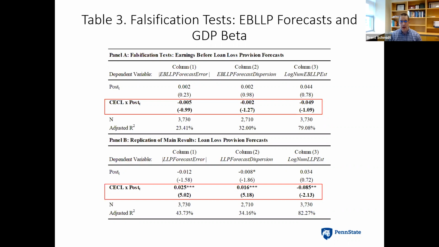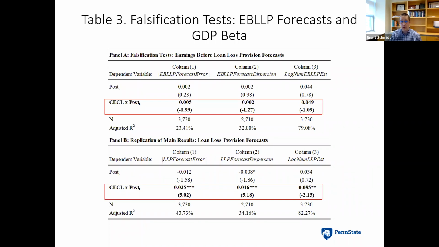But why that column 3 panel A result is not also significantly negative is most likely, given this sample of firms, that some analysts are not providing a provision-specific forecast. So we may see in some instances fewer provision forecasts, but not necessarily a decrease in other types of forecasts.